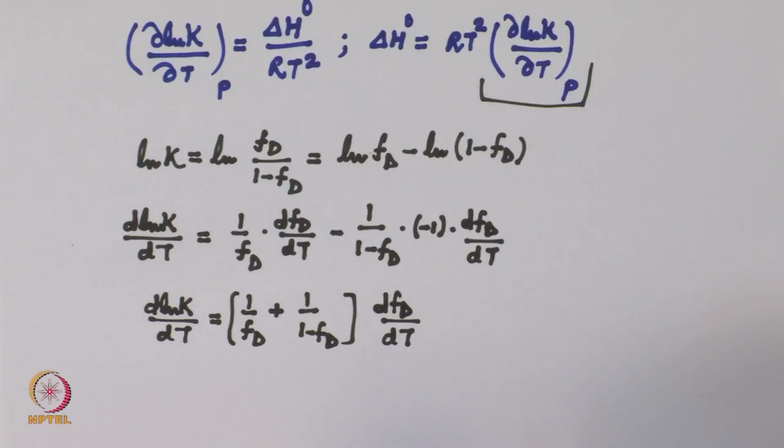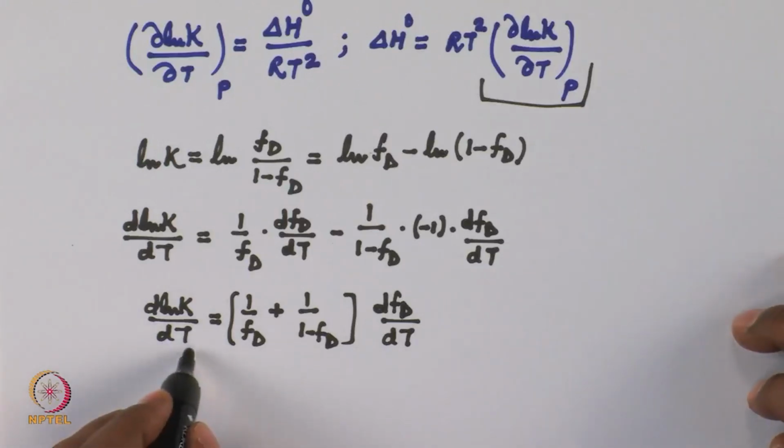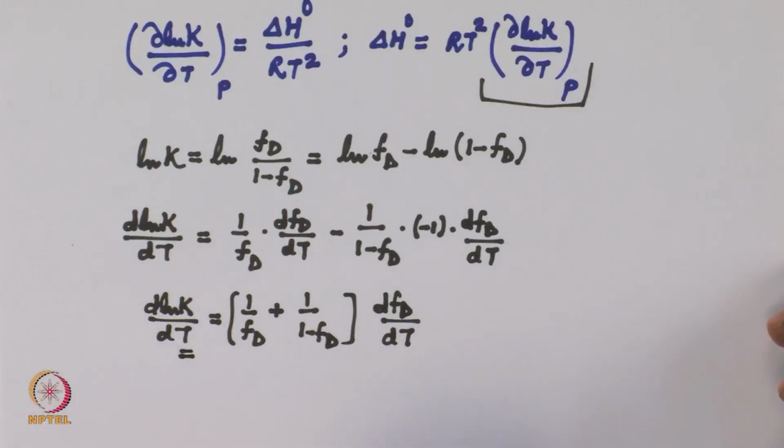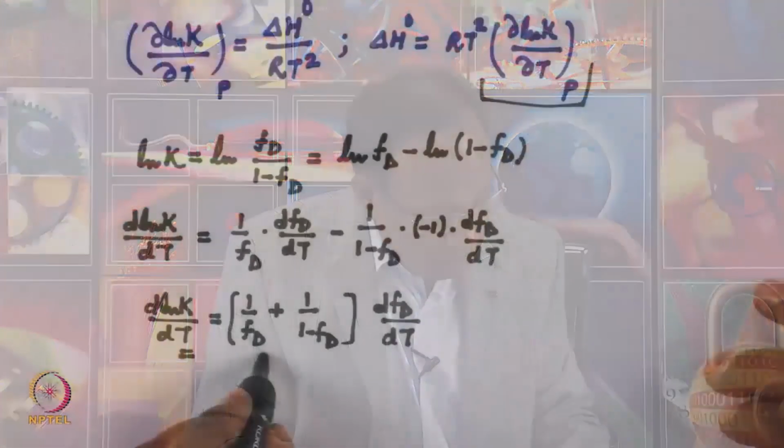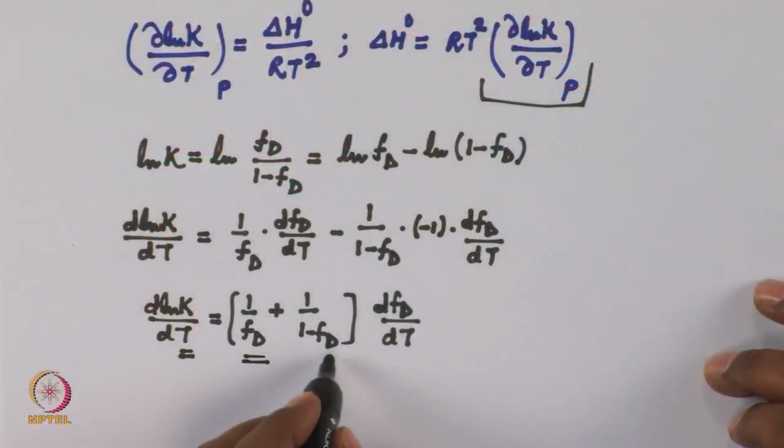If I choose the temperature to be the transition midpoint, where the fraction of the denatured state is half for a two state transition, then Fd is half and 1 minus Fd is also half.